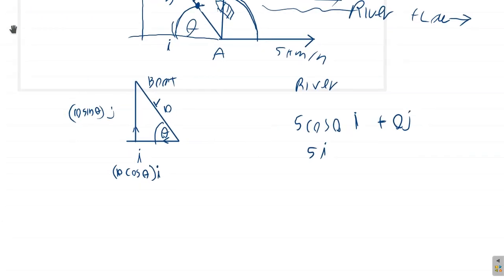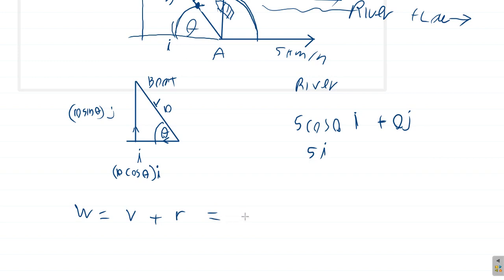Now, when you add the vector for the movement of the boat and the vector for the movement of the river together, call it W, equal the vector V for the boat plus, call it R for the river.